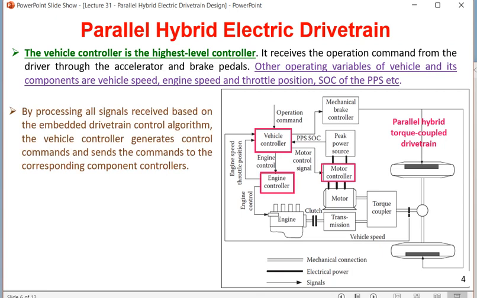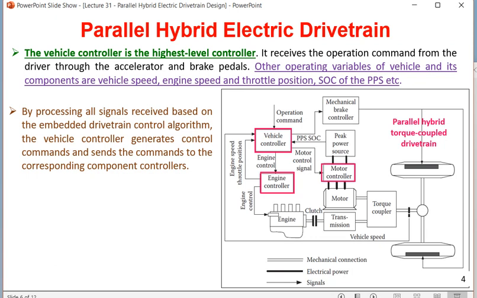By processing all signals received, based on the embedded drivetrain control algorithm design, the vehicle controller generates control commands and sends the commands to the corresponding component controller. So depending on the brake, acceleration and direction received from the driver, the vehicle controller assesses brake sensor input, vehicle speed sensor input, brake fluid sensor input, and whatever other sensed inputs come at the input port of the vehicle controller.